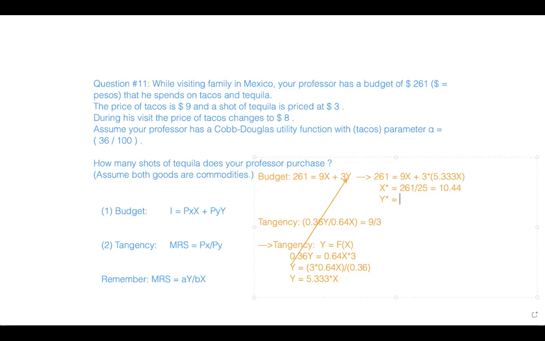And so we know that now that we have x, and we have this equation down here from the tangency condition, it should give us our y right away.